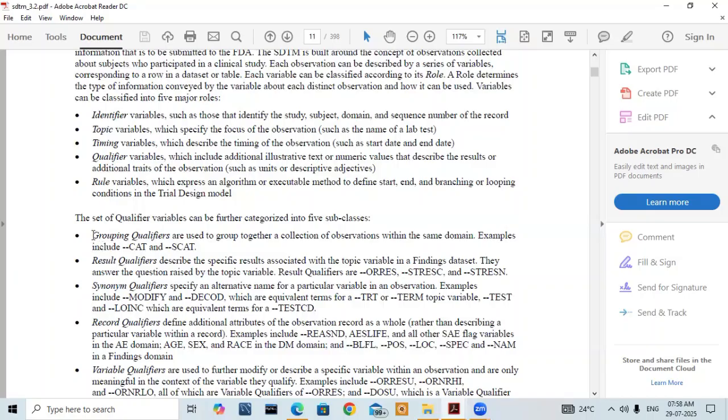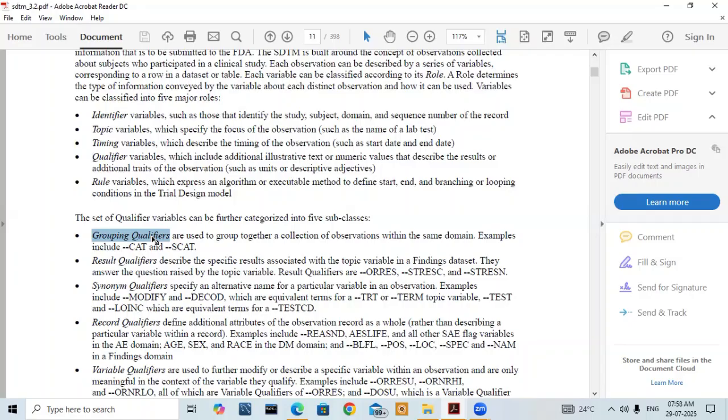In the first type, we have the grouping qualifier. Grouping qualifiers are used to group the data into categories and subcategories. For example, age.